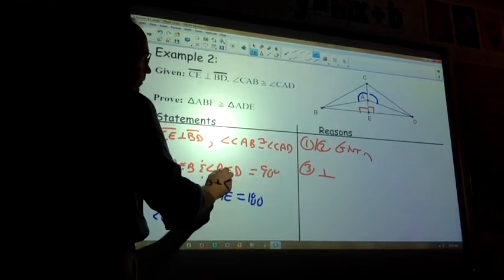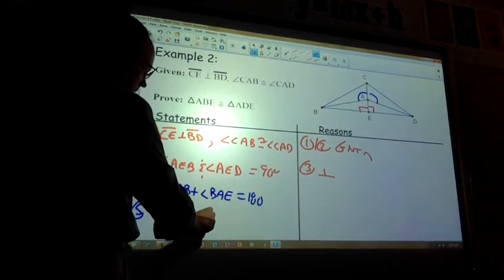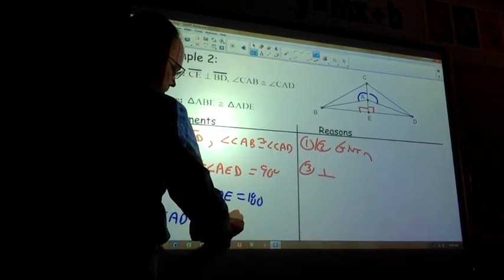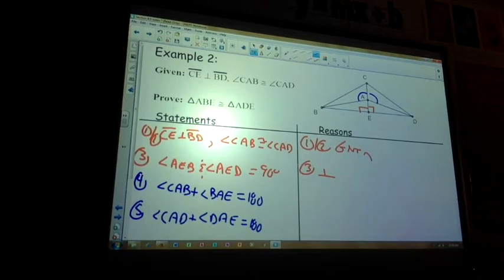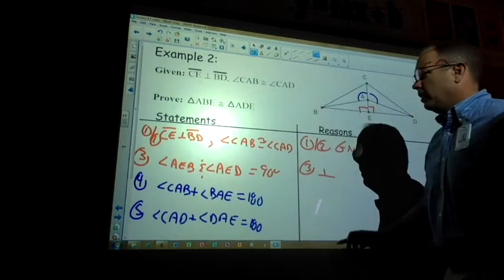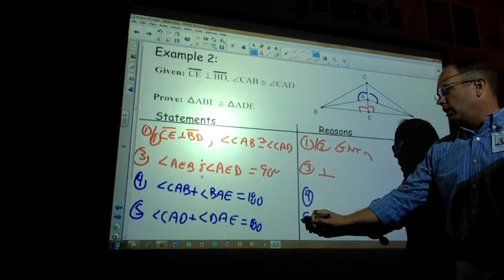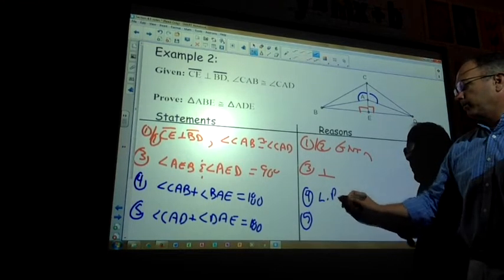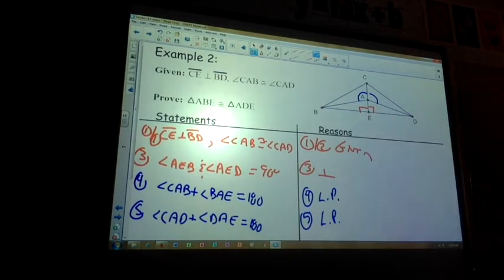There's an angle CAB. It is angle addition. It's also linear pair. I'd probably go with linear pair or supplementary angles. So now we know that that's 180.